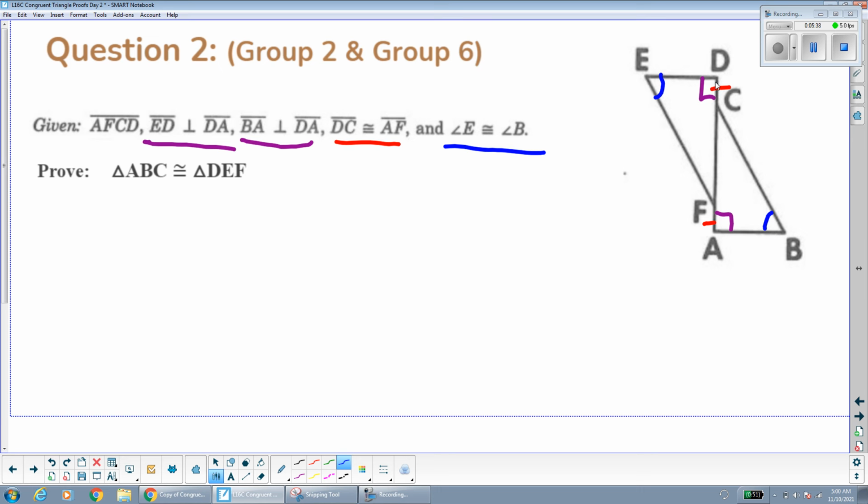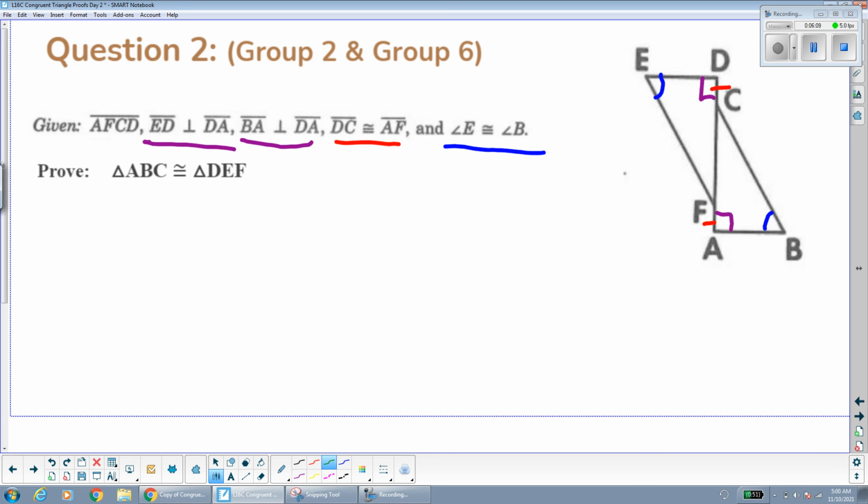The whole side would be DF, from D all the way down to F. And notice how AF is not the whole side of triangle ABC. The whole side would be AC, from A all the way to C. So the information that we have here is not about the whole side. And we need the whole side being congruent to the other whole side in order to use it to prove the triangles congruent.